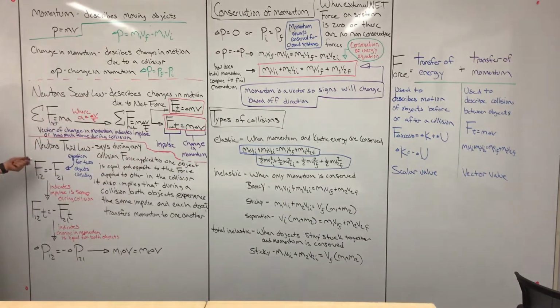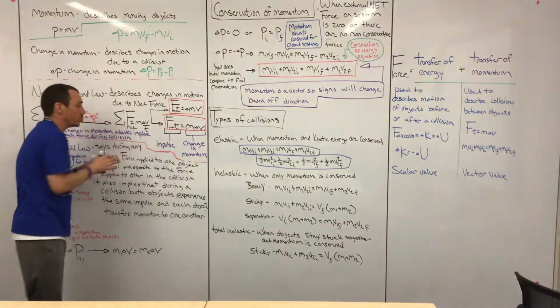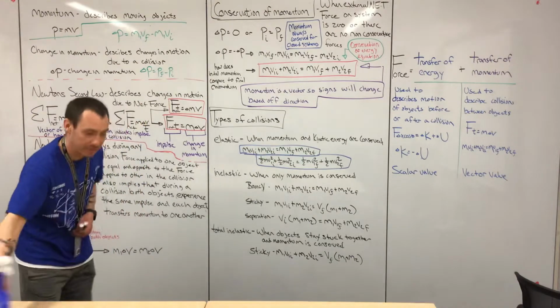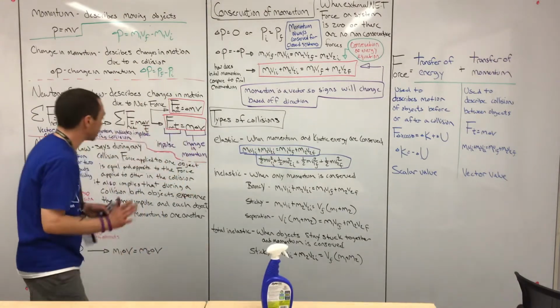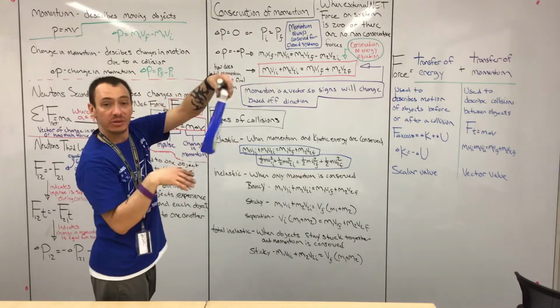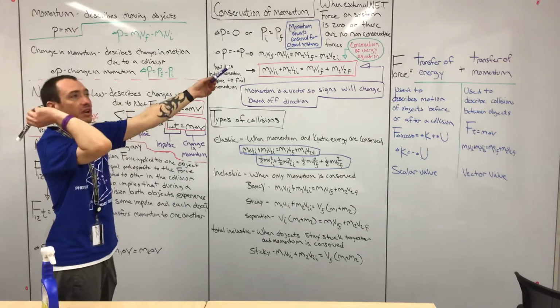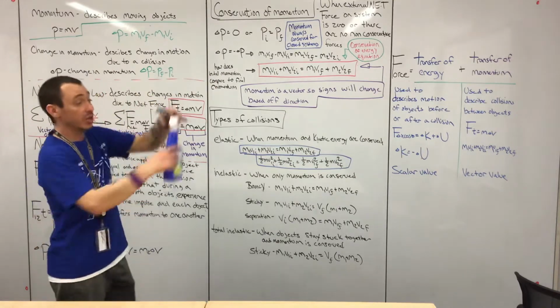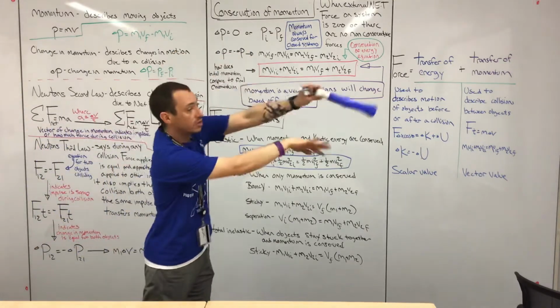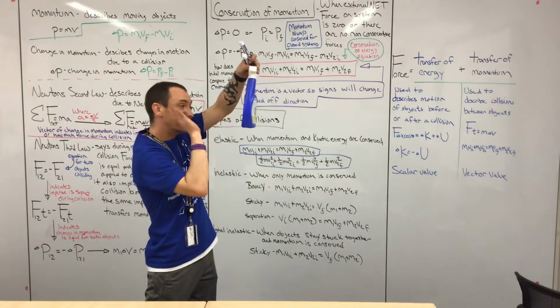The next thing that we did is we said, well, Newton's third law is describing what happens when I apply an impulse to something. I'm applying a force to something, or essentially having a collision. So don't think collisions are just two things bouncing off each other, striking each other. If I apply a force to something, that's a collision. I'm pushing on this bottle, but that's a collision.